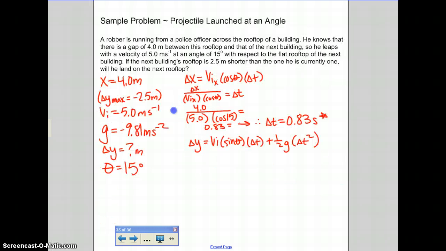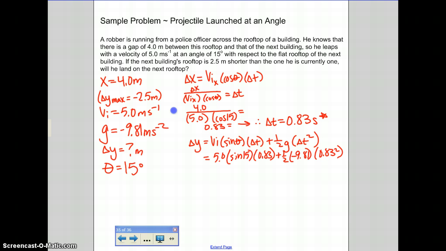Okay, I am going to extend the page on this one, so hopefully you can still see that pretty clearly. Then that gives you your VI of 5.0 times the sine of 15 times 0.83 plus 1/2 times a negative 9.81 times 0.83 squared. I would chunk it. Get your 5 sine 15 times 0.83 answer.